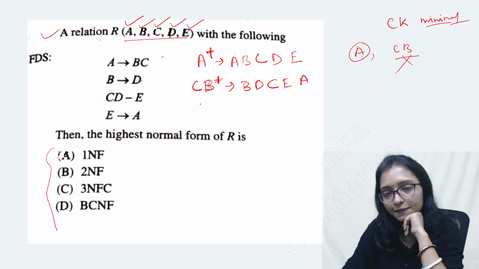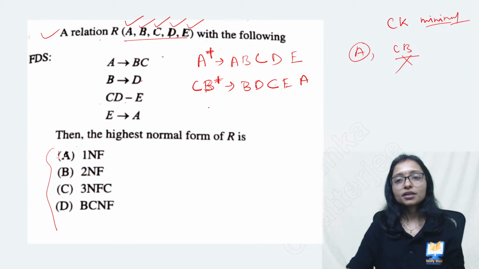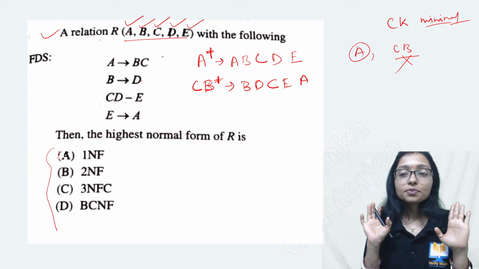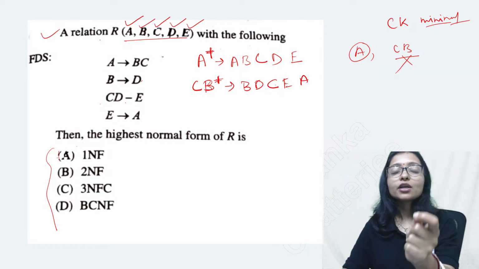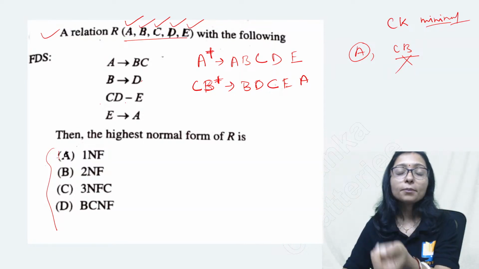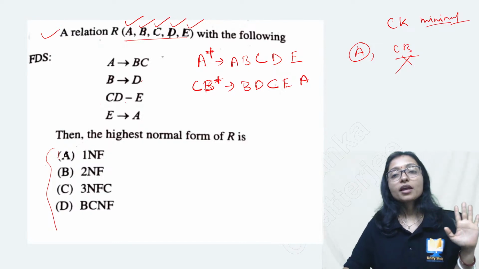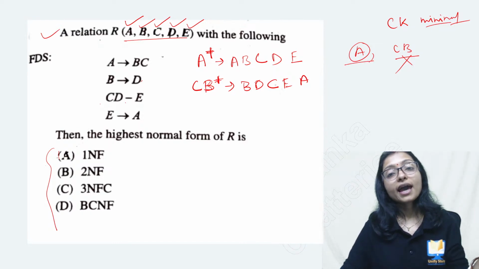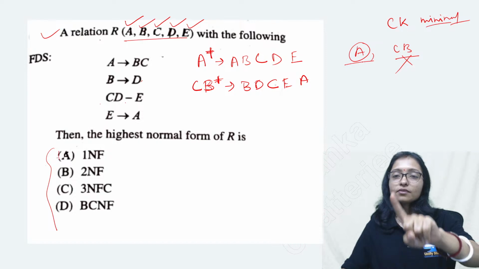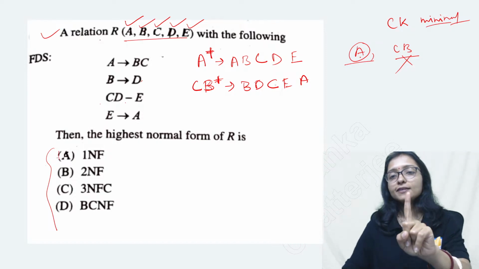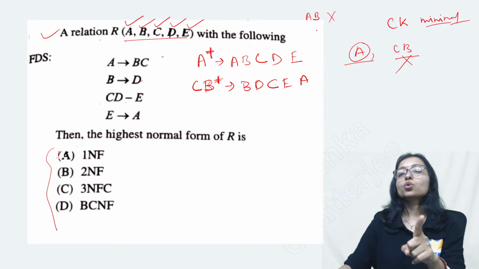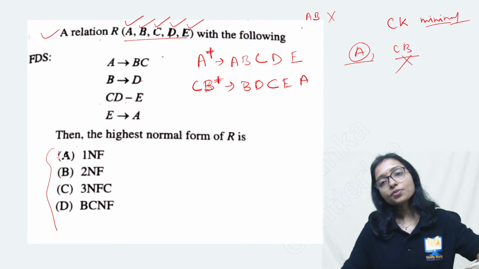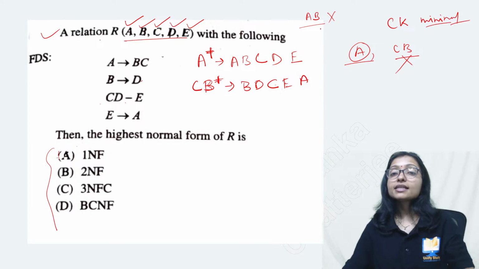This question also comes. Understand, minimal does not mean counting the number of attributes. A alone can determine everyone, that's why A is the candidate key. If I say AB, is it a candidate key? No. Whenever you add something extra, it is a super key.